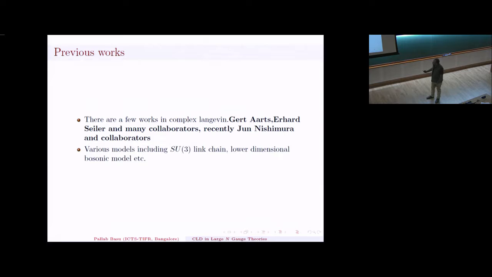And then there are recent works by Jun Nishimura and collaborators who applied complex Langevin dynamics in large N gauge theories. They have studied the SU(3) link chain and lower dimensional bosonic models, and they try to find the 10-dimensional to 4-dimensional symmetry breaking, etc. So let me start my talk now after this introduction.